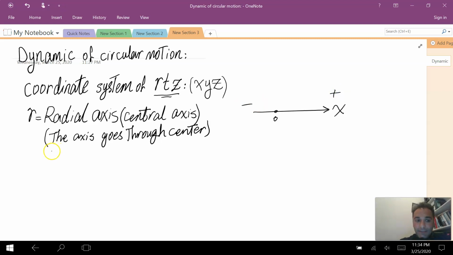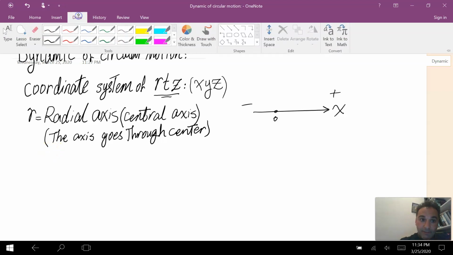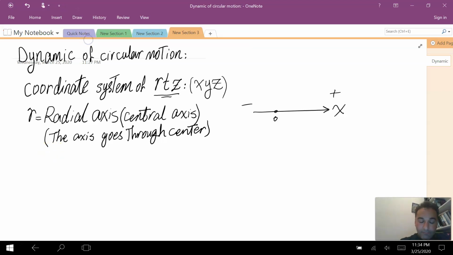But here, remember, let me write it in a different color. What is the positive direction? There is nothing about left or right on the circle. What is the positive direction for the r-axis?